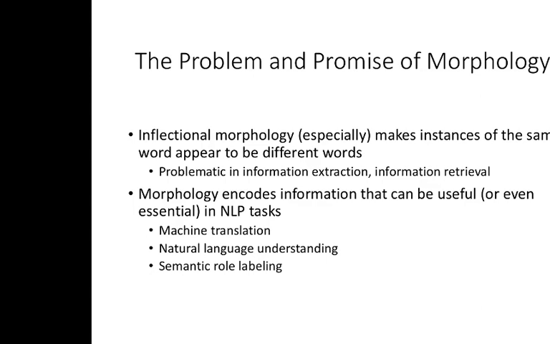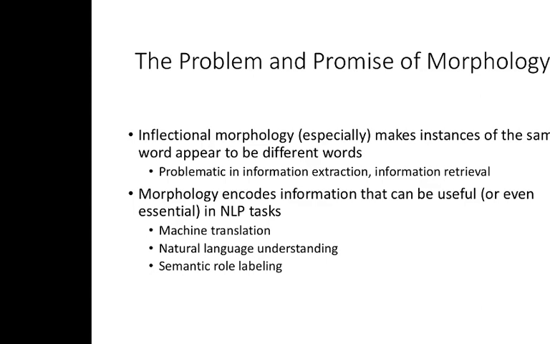So morphology can be both good and bad from the standpoint of an NLP engineer. Inflectional morphology often gets in the way, as we've discussed, and so we often want to get rid of it. We want to stem it away or do lemmatization, which is something I've worked on in minority languages.